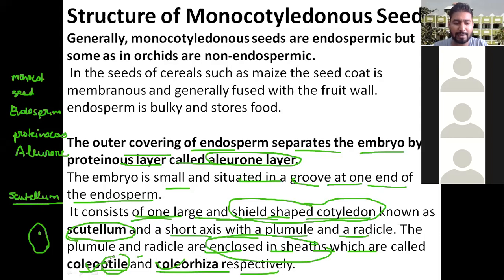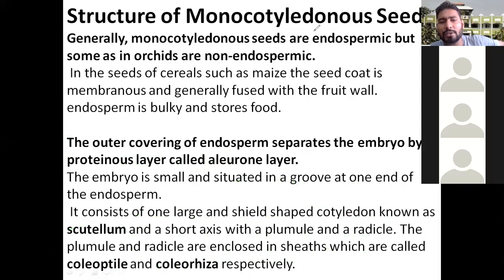Coleoptile: P for plumule. Coleorhiza: R for radicle. The coleorhiza encloses the radicle, and the coleoptile encloses the plumule. Clear? Okay.